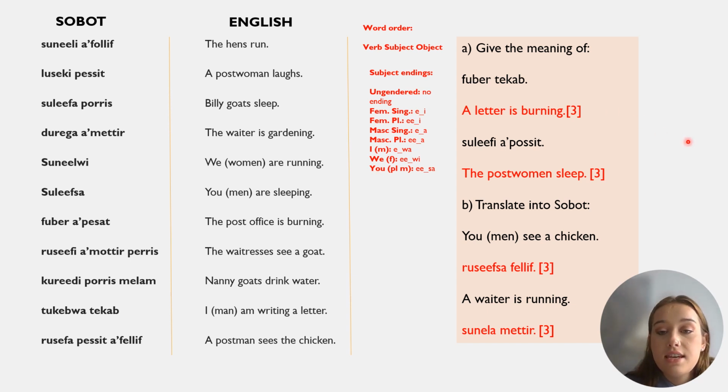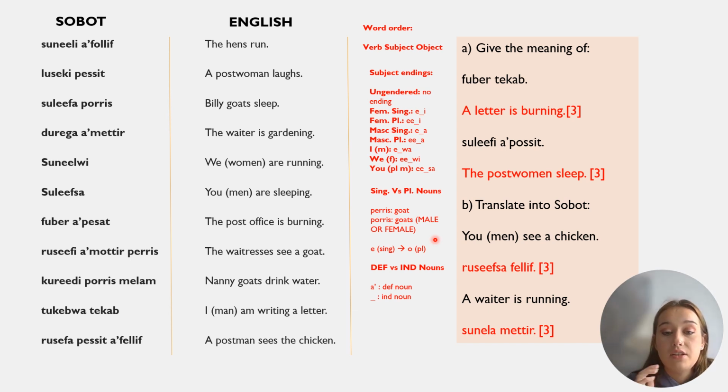Okay, and then the next thing that we identified is difference between singular versus plural nouns. So we identified through looking at the difference between a singular goat or multiple goats.